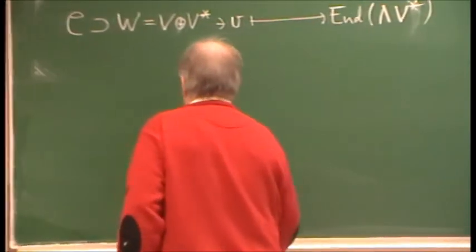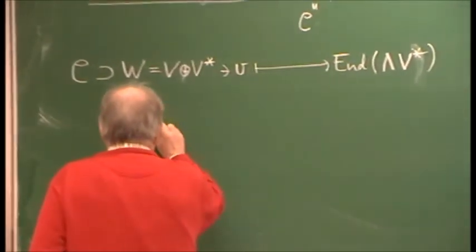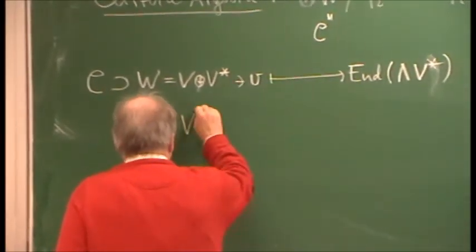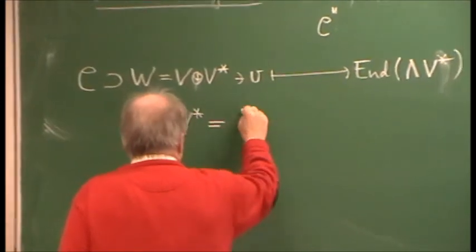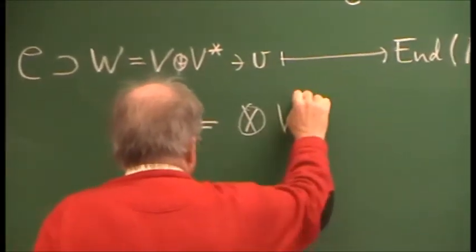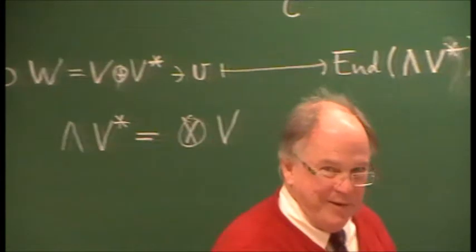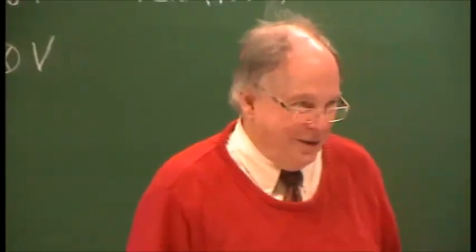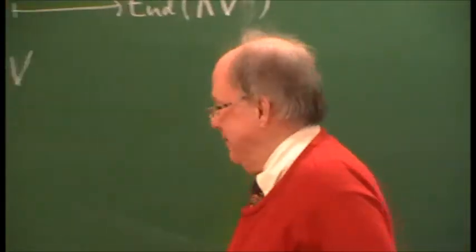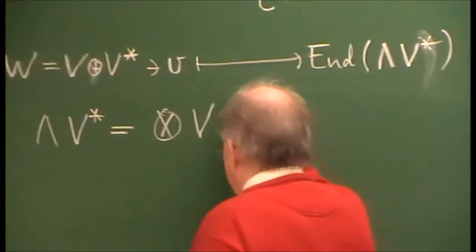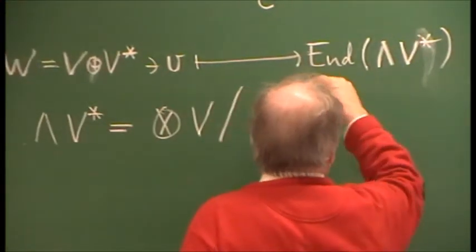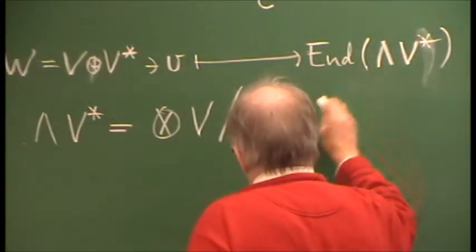Well, the exterior algebra is the full tensor algebra, you're getting tired of my full tensor algebra, but modulo relations. Well, the relations are not the relations that we had before. This is the alternating relation.